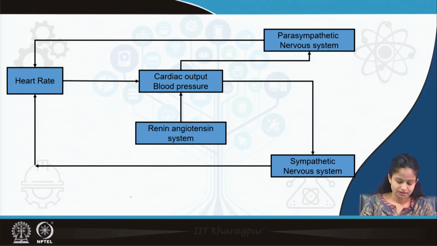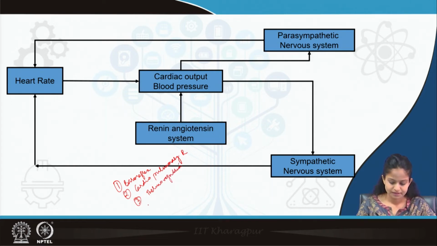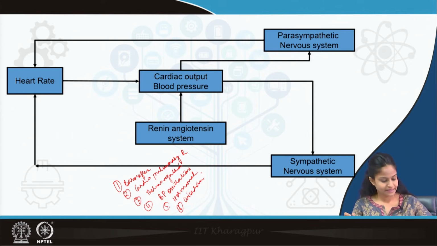Now, we have first and foremost the baroreflex mechanism, cardiopulmonary reflex mechanisms, then thermoregulation, then blood pressure oscillations, then hormonal or neuroendocrine factors, then other circadian rhythms. So, these are all factors which give rise to the RR intervals.